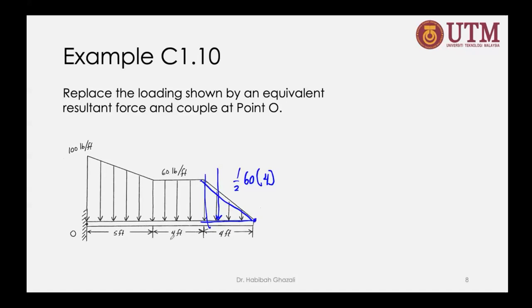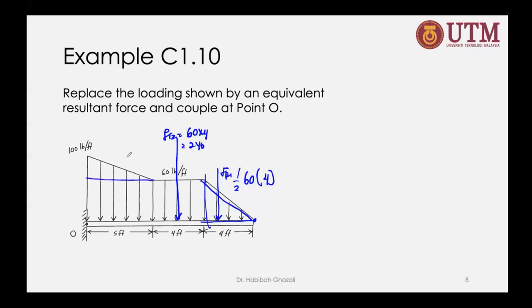And then for this one, 60 times 4. So that's going to be the FR. So this is FR1. And then we have another FR2. That FR2 will be at the middle of that distributed load. So FR2 is going to be equal to 60 times 4. That is the resultant force.